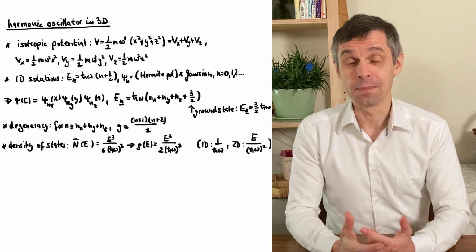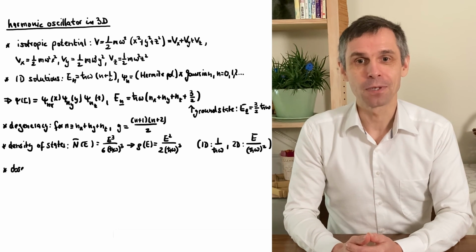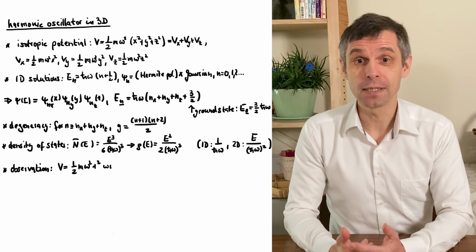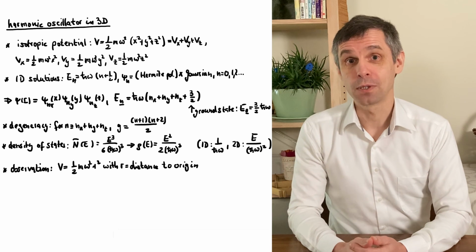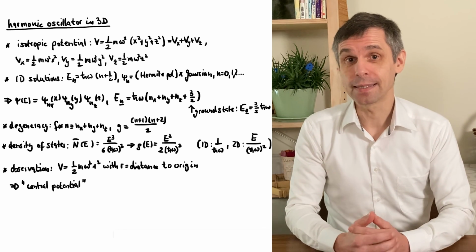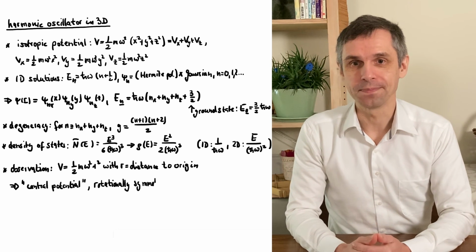To motivate what comes next, I want to make the following observation, namely that this problem is rotationally symmetric. The potential energy only depends on the distance to the origin, not on the direction from it. We call such potentials central potentials, and the Coulomb potential would be another example. This is what we will have to study for the hydrogen atom.